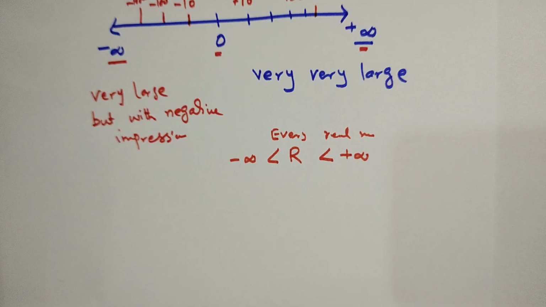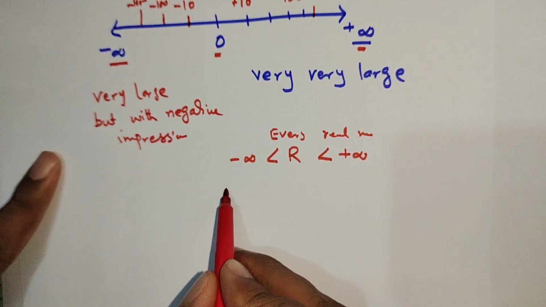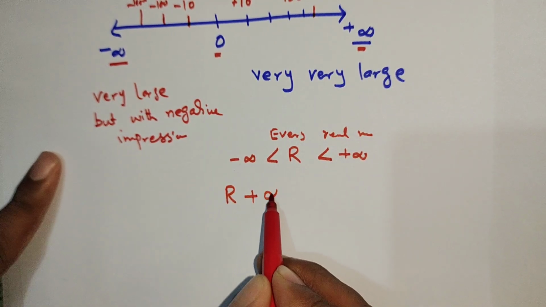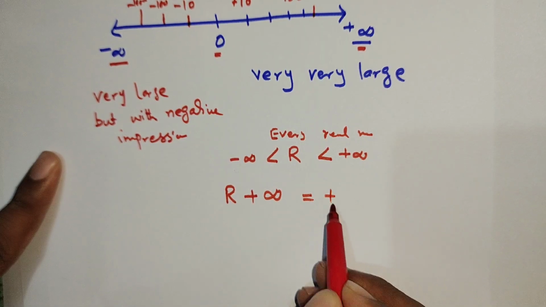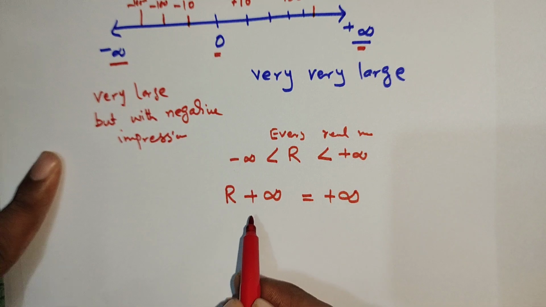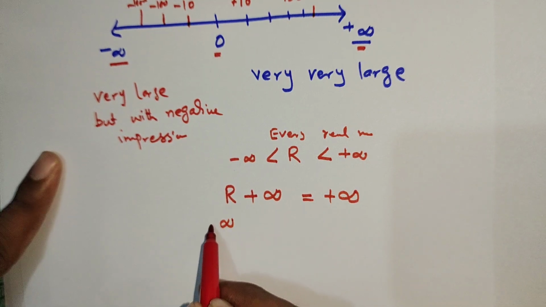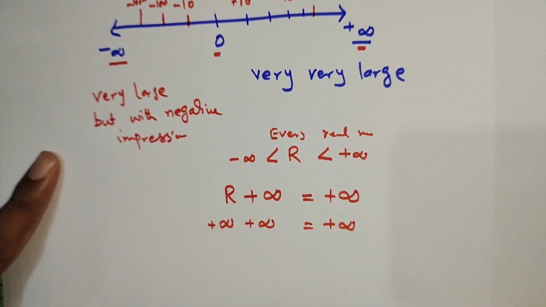It is very interesting when it is involved in calculations. It is very different to deal with. For example, when you add plus infinity to any real number, you simply obtain plus infinity. And when you add two infinities, again you will have an infinite number.